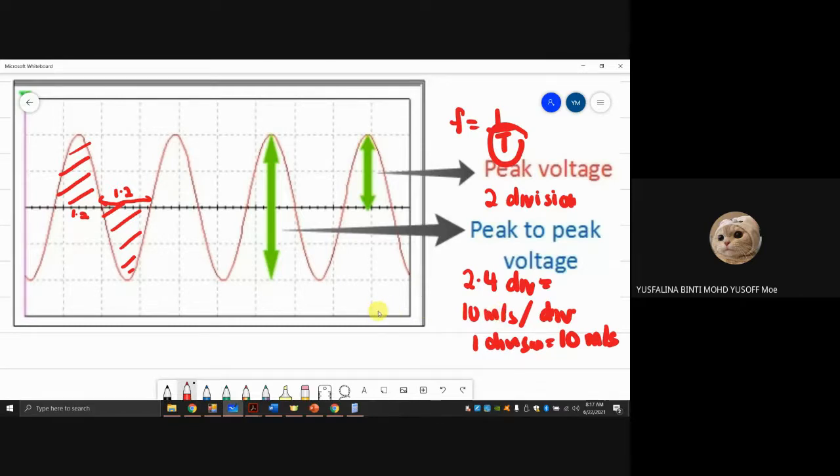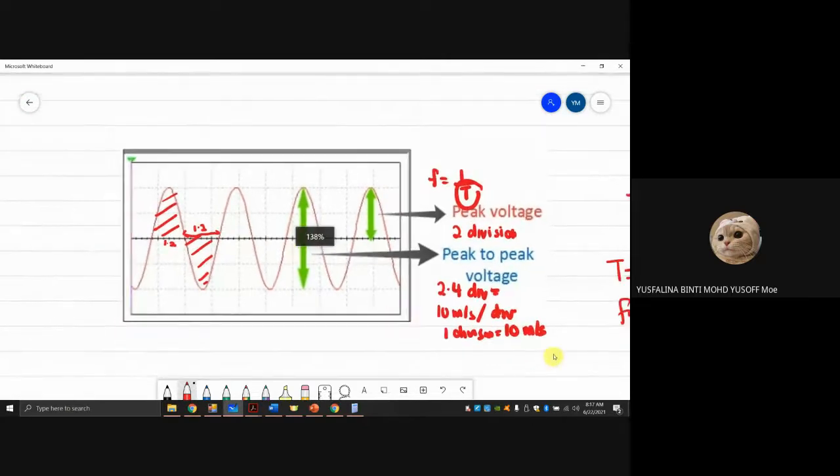Let me make it smaller. One division is equal to 10 millisecond, right? You got 2.4 divisions just now, so if it is 2.4 divisions, how many seconds is that? Let me write again: one division is equal to 10 millisecond. I change milli to 10 power of negative 3.